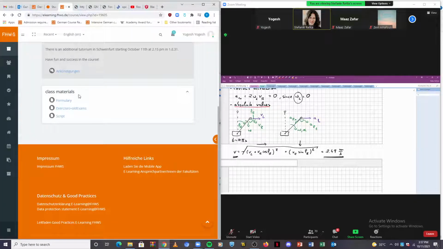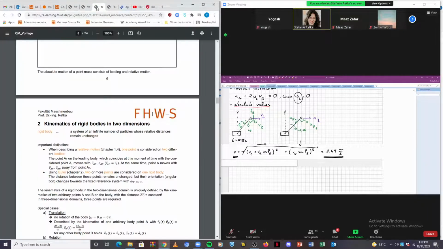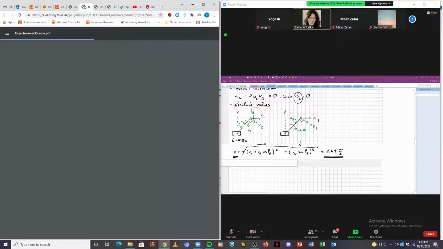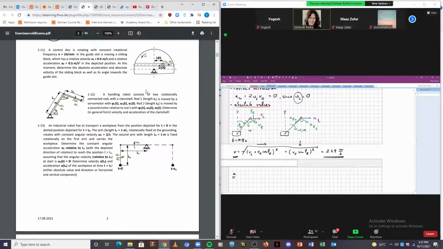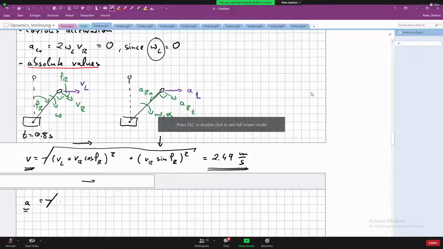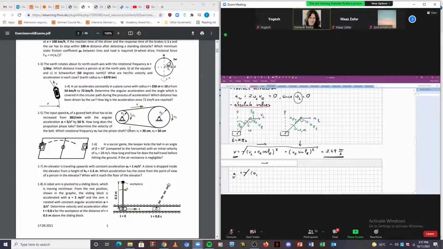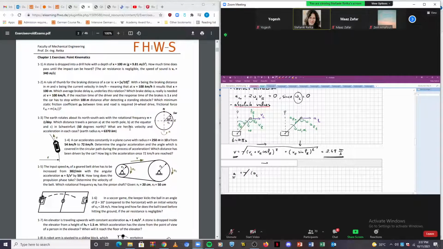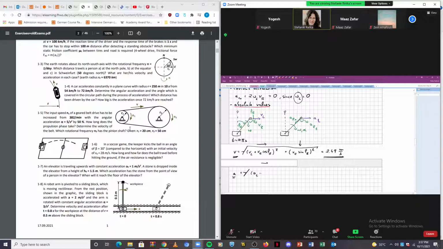Okay, same for the accelerations, only that there we have 3 vectors instead of 2. So again, I will start with the horizontal components. We have the leading acceleration. We have the tangential component of the relative acceleration pointing to the right as well.